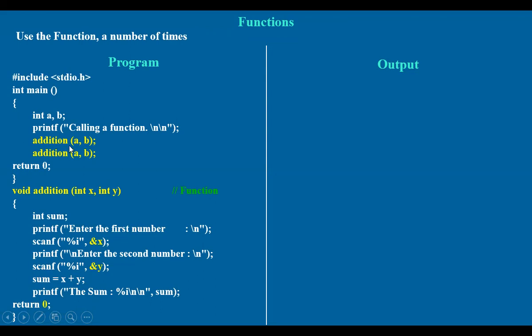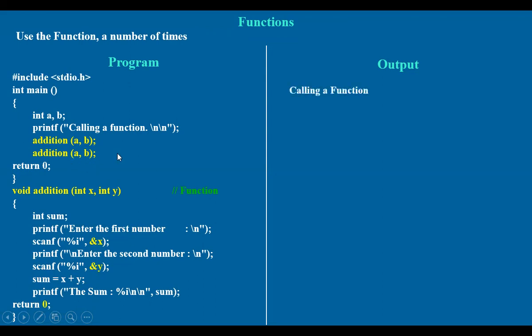So the addition operation takes place. Next time when you call it, a, b, the same parameters can be used. And depending on the program, it asks for those two values and does the operation. So here we have used only the same set of variables to call the function again and again.